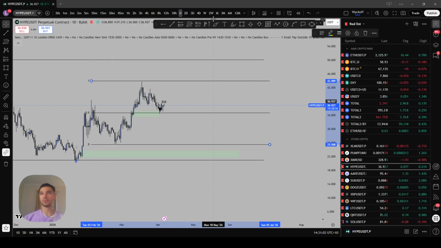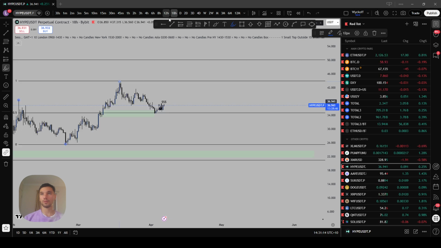At least for now. It's a little bit stretched out, but it is just borderline a potential distribution model. This is your extreme liquidity.